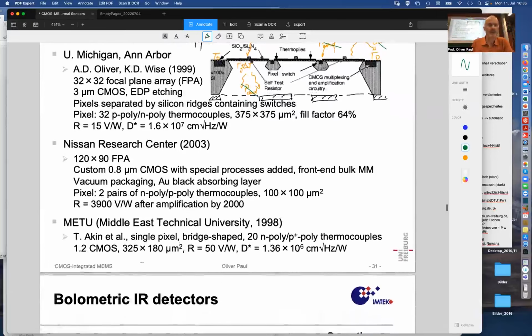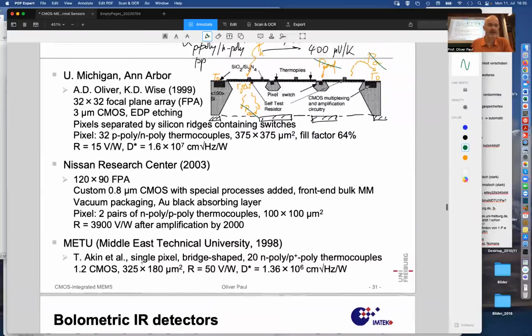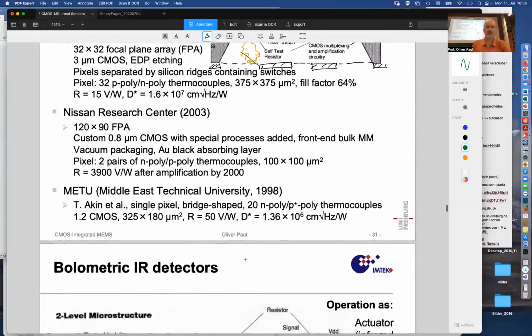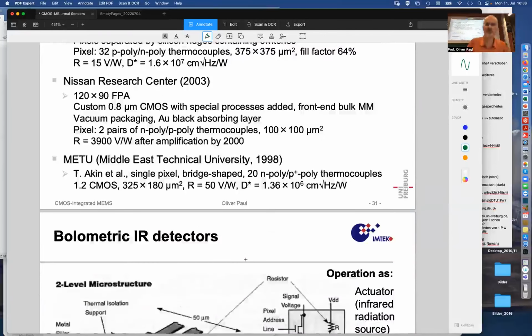Okay. And my friend Tayfun Akin at Middle East Technical University in Ankara produced also some thermopile-based sensors. We'll see more from his type of research, with a decent responsivity, decent size, and rather decent detectivity.